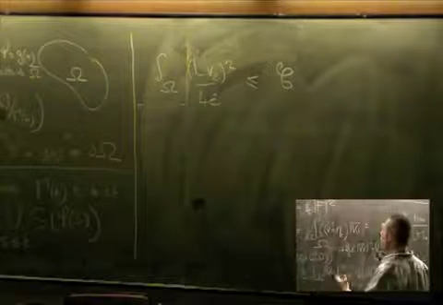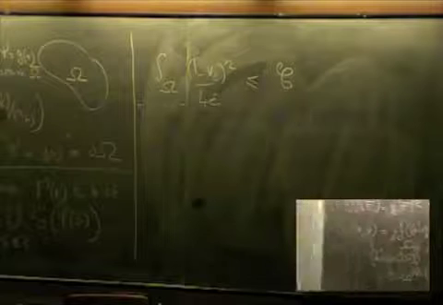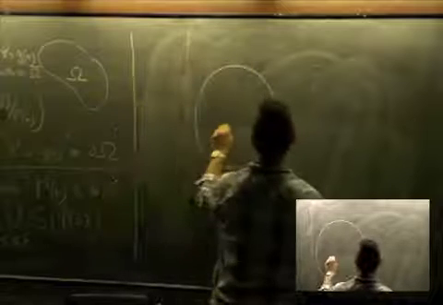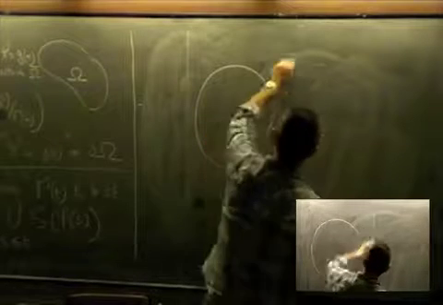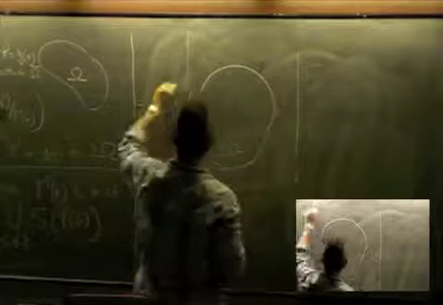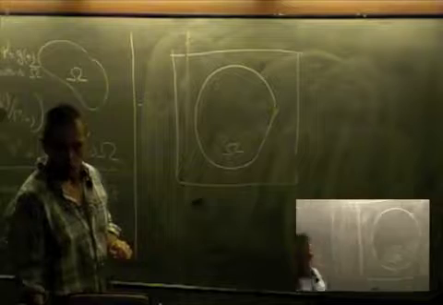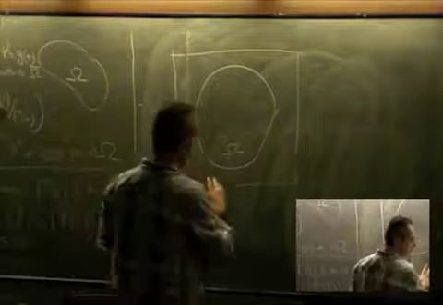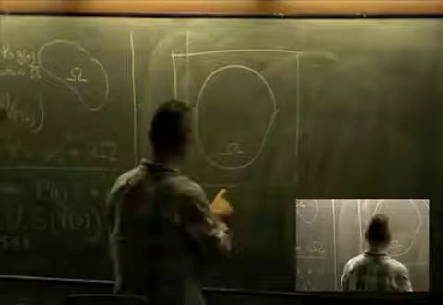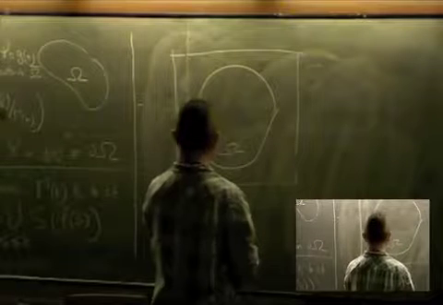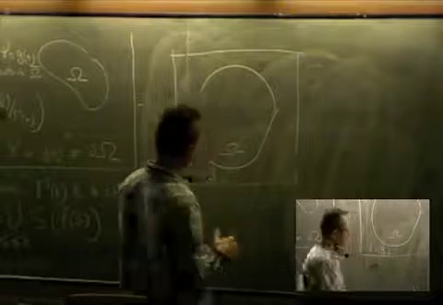In order to make it work in our context, you do the following. You take omega and put it in, let's say, a bigger box on which you're going to do your computations. On that bigger box, you put u equals g0, if we're at the first time.